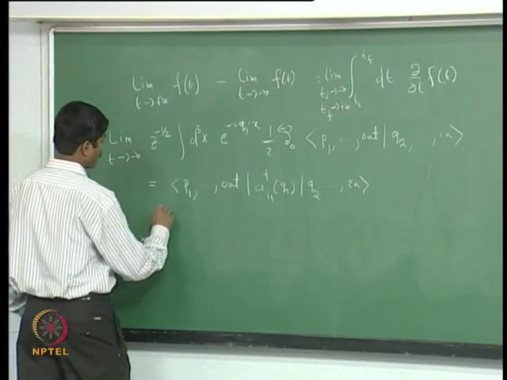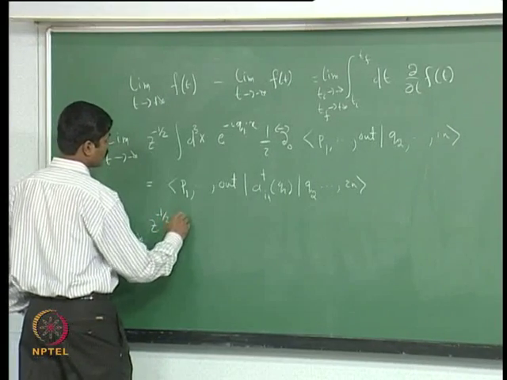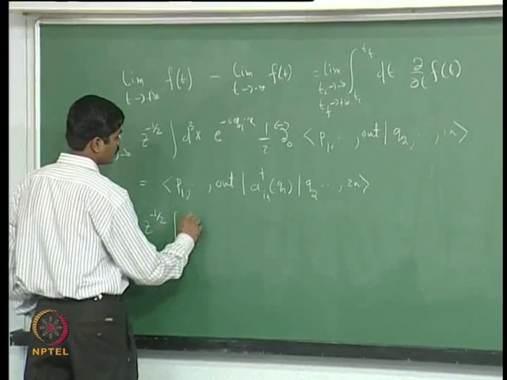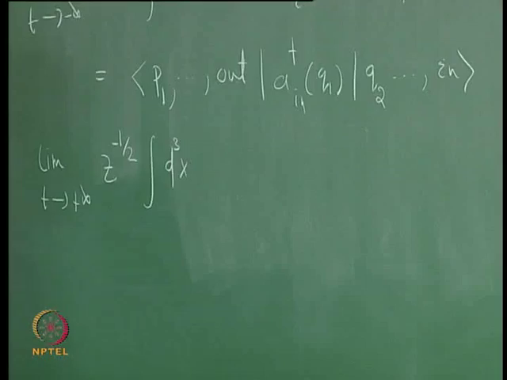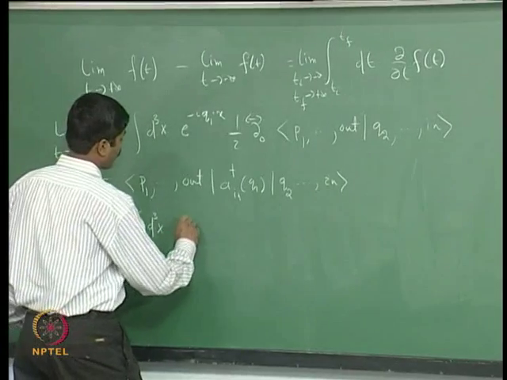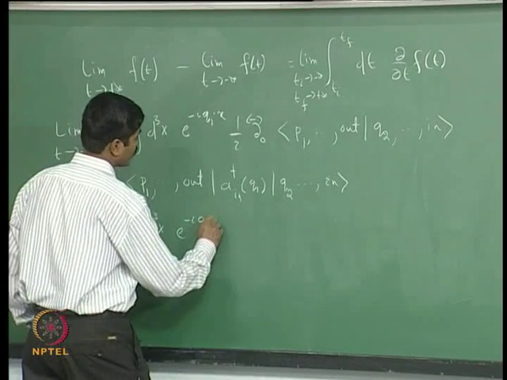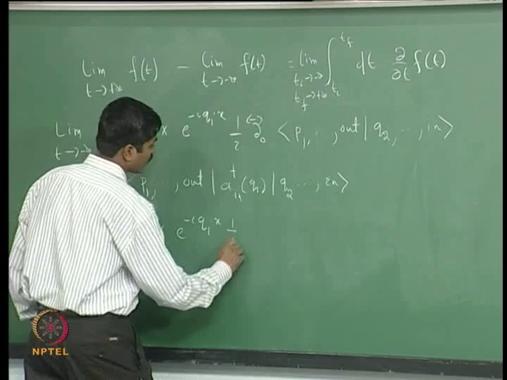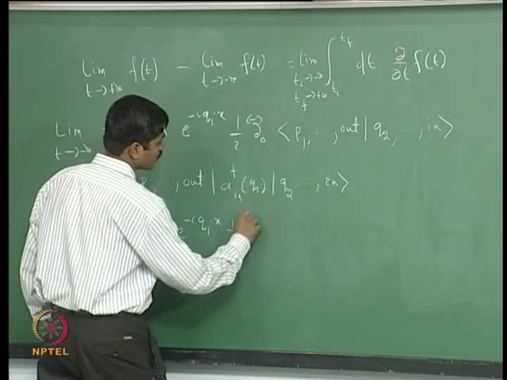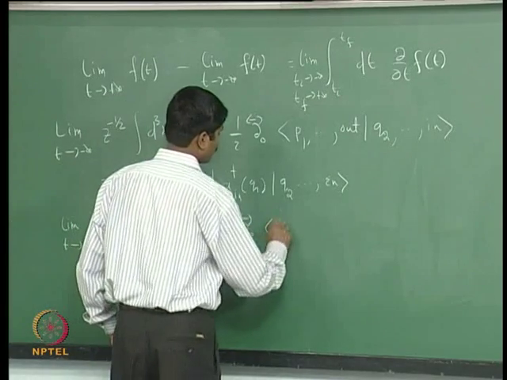Z to the power minus half, d cube x, e to the power minus i q1 dot x 1 over i del 0, p1.